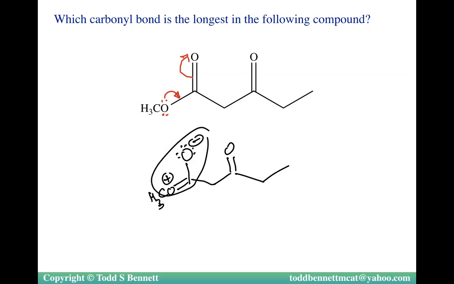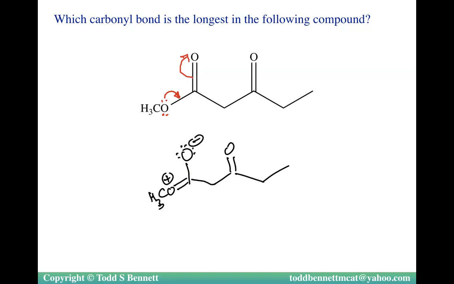So this area right here is what's changed. So positive on the O, negative on what used to be the carbonyl oxygen. So this can donate in. So that means that this carbonyl bond is part double and part single, which means it's going to average out to be a little bit bigger than a normal double bond.